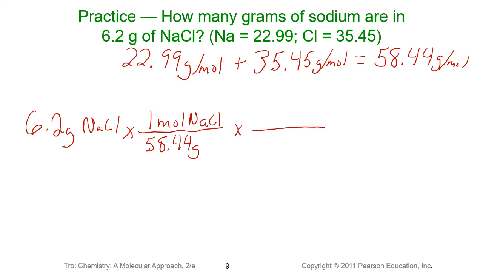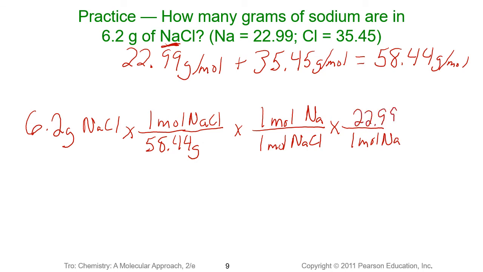Now we're trying to find grams of sodium, so we want to go from moles of sodium chloride to moles of sodium. Because there is just 1 sodium in our formula, 1 mole of sodium chloride is equal to 1 mole of sodium. And now we're going to go back to mass. So 1 mole of sodium is 22.99 grams.